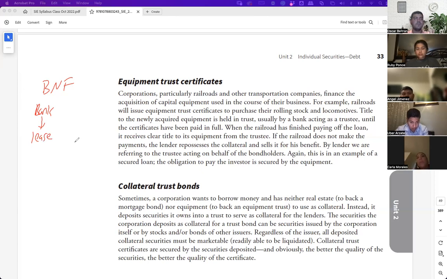If you fail to pay back your bills, they're going to literally repossess those vehicles to get back their money. So that's what equipment trust means. It is going to be backed up by equipment. If you fail to make your payment, they're going to repossess that equipment to get their money back. Okay, any questions?